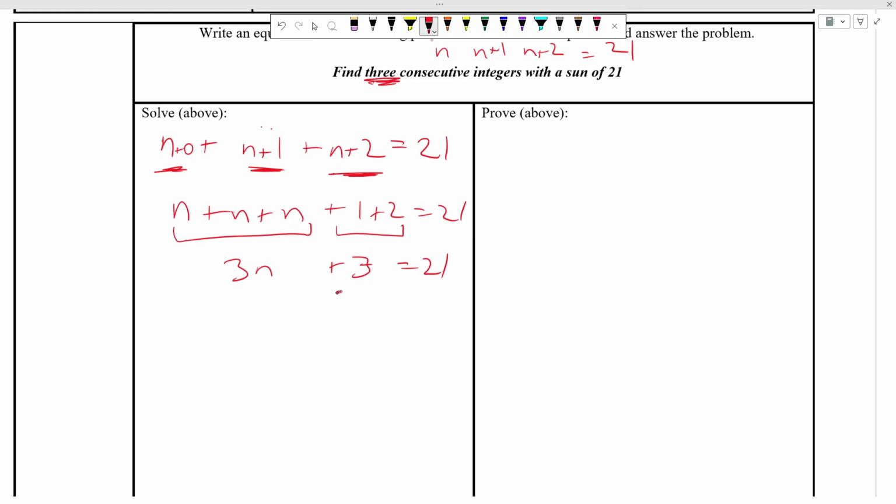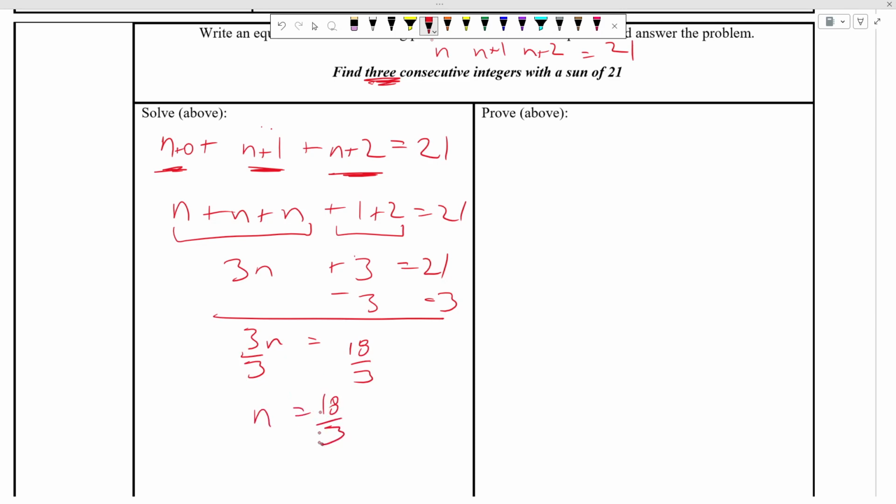And so now I can start inversing. So let's inverse this. 3n equals, what is this? 18. So n equals 18 over 3.